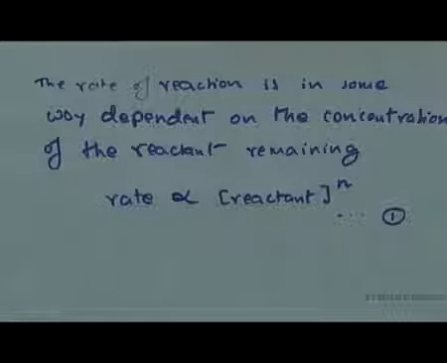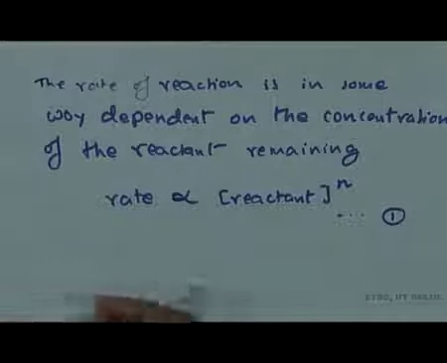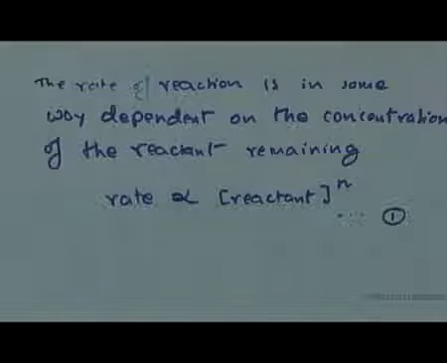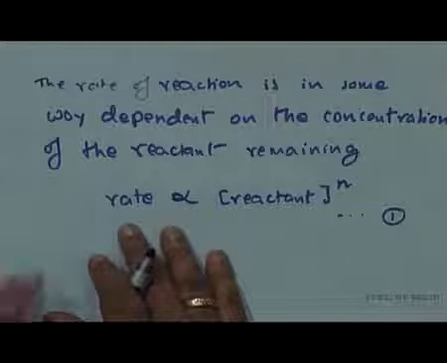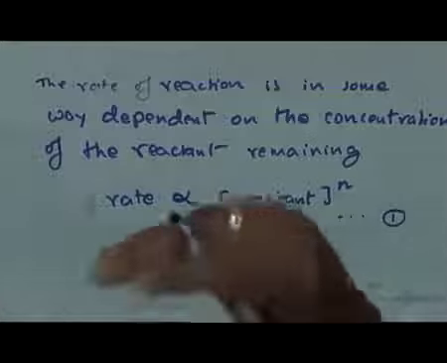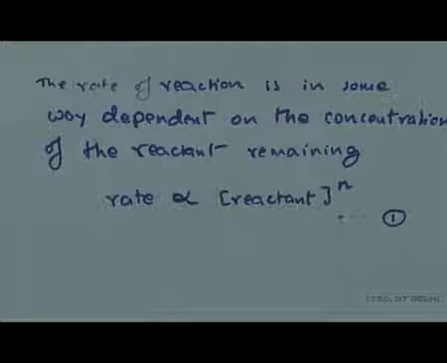Based on the graph, the kinetic profile you just saw, what we are concluding is that the rate of the reaction is dependent upon the concentration of the reactant that is remaining, and based on that, the rate of reaction is proportional to the reactant raised to some power, which in this case is n.